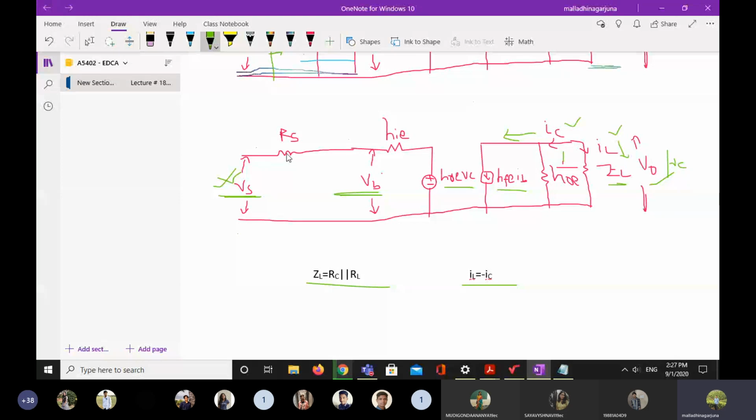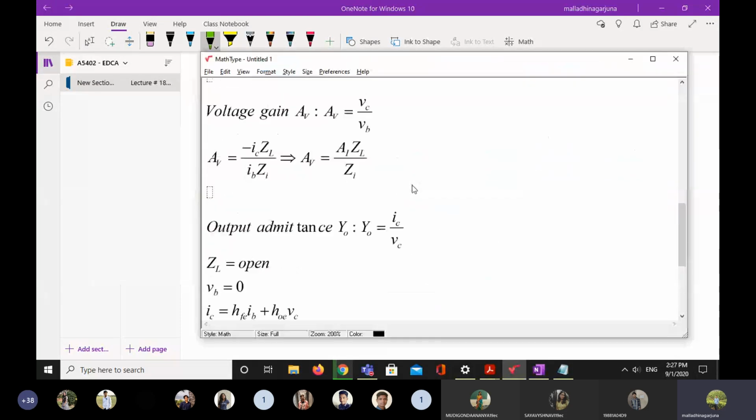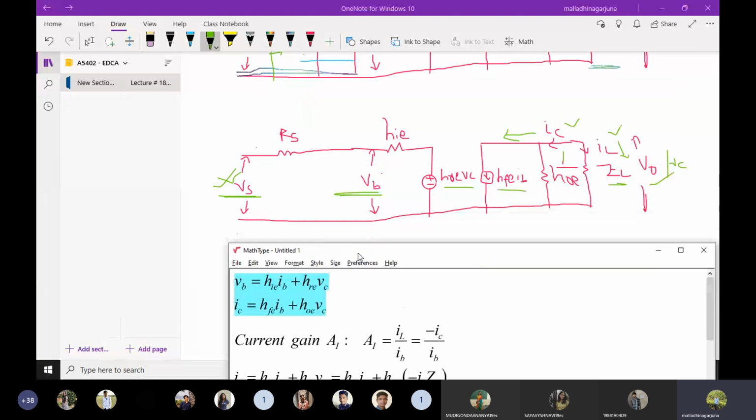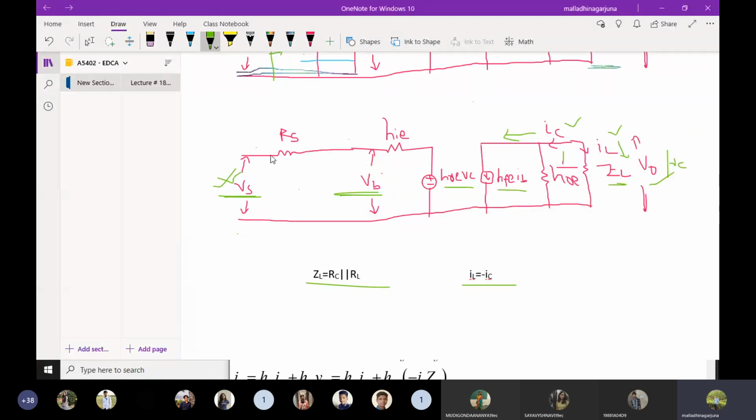Okay, first you can go back and calculate from the equation. So this equation can be modified. If you apply KVL here, what happens? Vs equal to... what is this current?